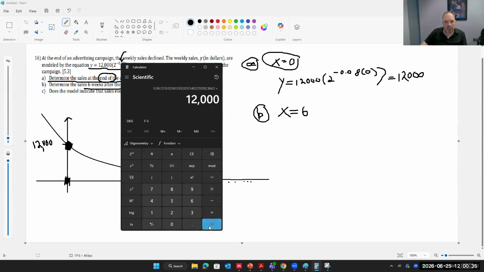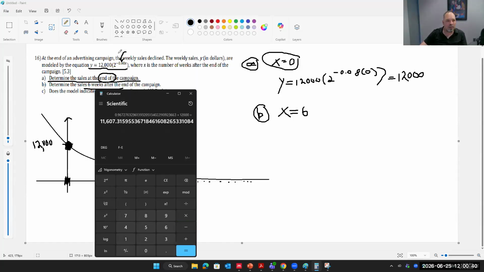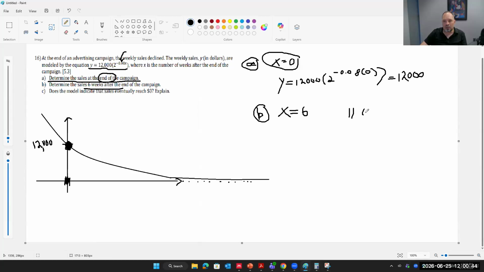I am getting 11,607. And it kind of makes sense. So when you go 6 this way, this goes down a little bit, and that's the output.